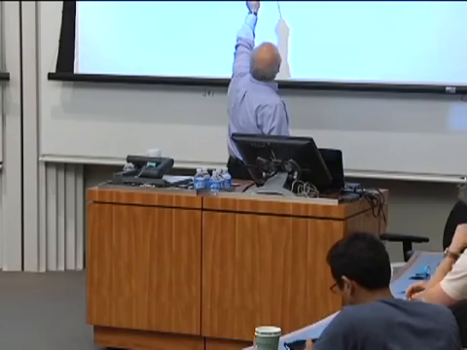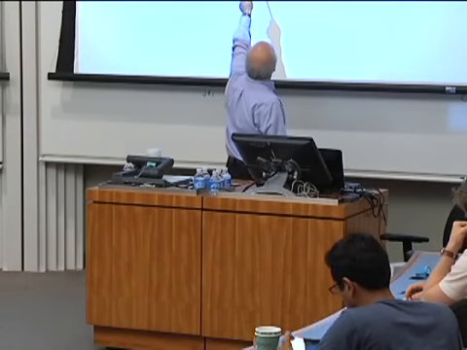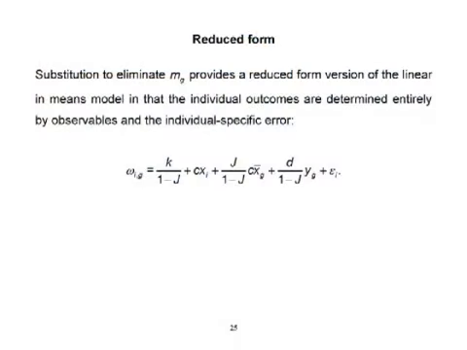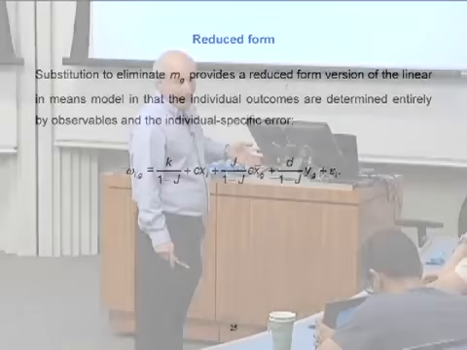But I've got 2R plus 1 plus S coefficients. And so even if there was only one of the R's, I would have as many coefficients as parameters. So that sounds like things are identified.